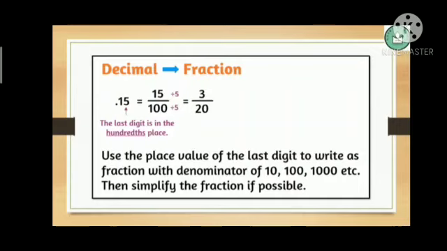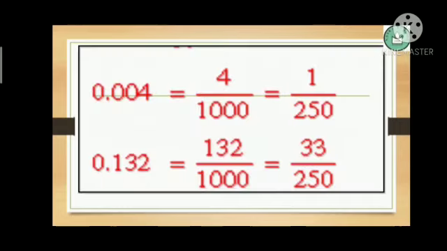Now use the place value of the last digit to write the fraction with a denominator of 10, 100 and 1000, etc. Then simplify the fraction if possible. Now 0.15 converts into its fraction, that is 3 divided by 20, by dividing the numerator and denominator by 5.